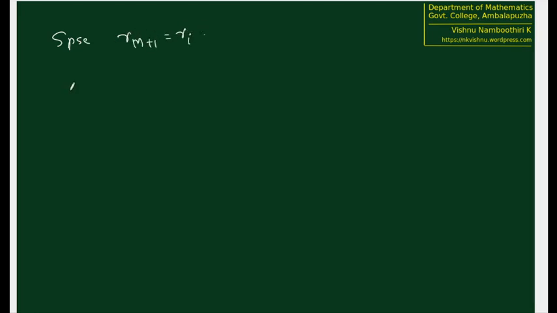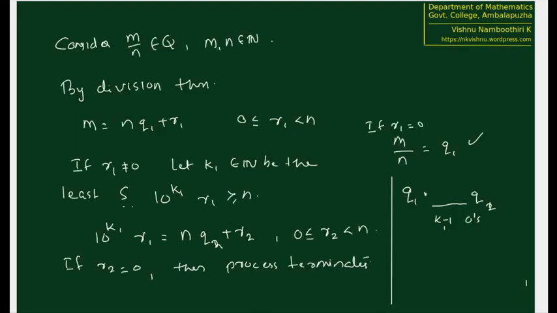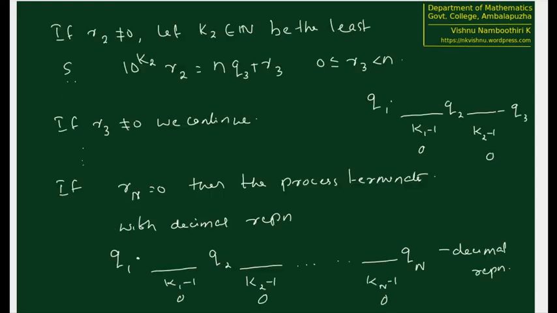equal to ri. To divide r(m plus 1), we have to divide r(m plus 1) by n. Therefore we have to multiply r(m plus 1) with some 10 to the power k, and for dividing ri, we multiply ri by 10 to the power ki.